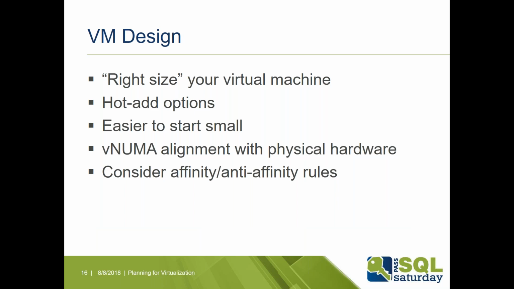Okay, so one of the really important principles of VM design is that you right-size your virtual machine, by which I mean that you set the appropriate number of cores. Don't just go as wide as you can, because that can actually have a negative performance impact, because all of those cores need to be scheduled at the same time, even if only 1 or 2 of them are being used.